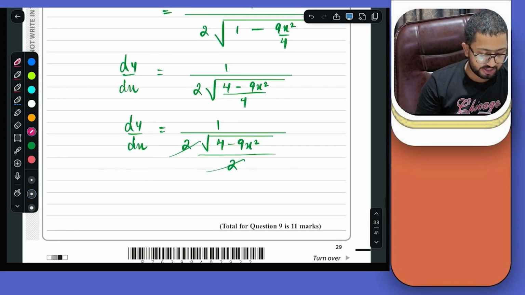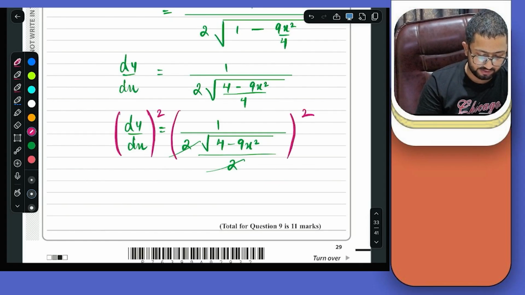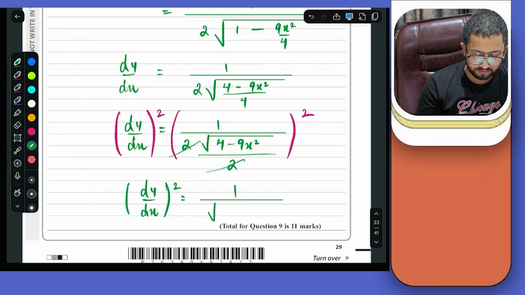But I want to get the square of dy over dx. Please take the square of dy over dx. So the square of dy over dx will become 4 minus 9x square. Sorry. Yeah, exactly, I'm right. So it can be cancelled out.